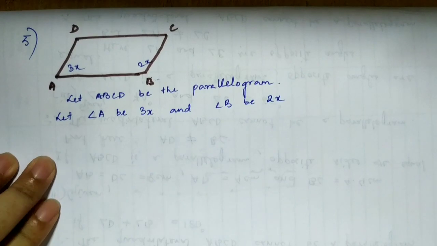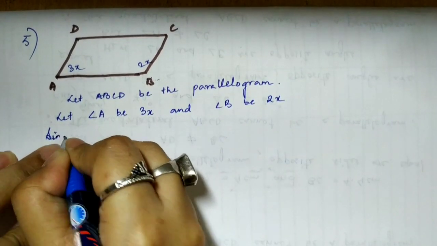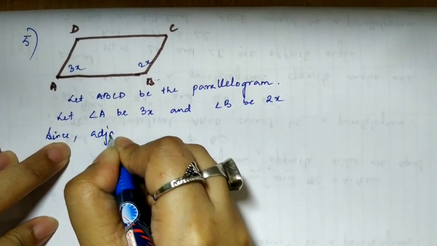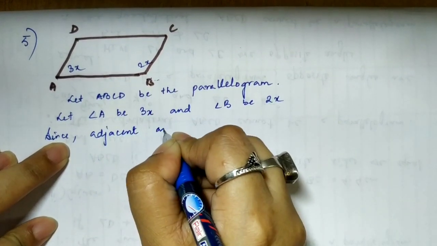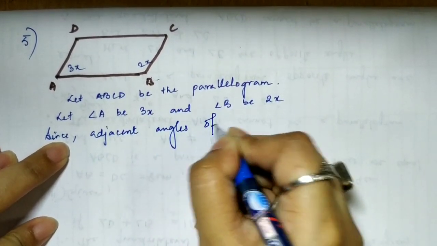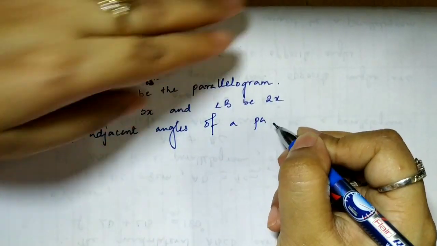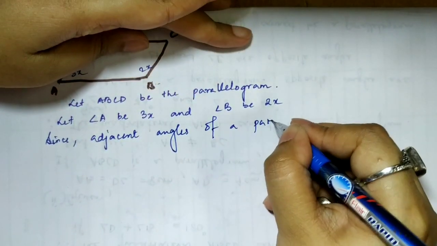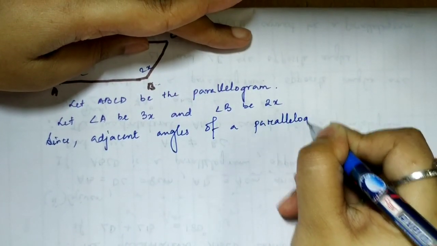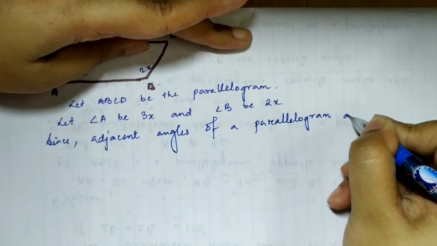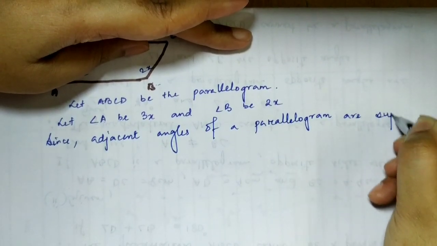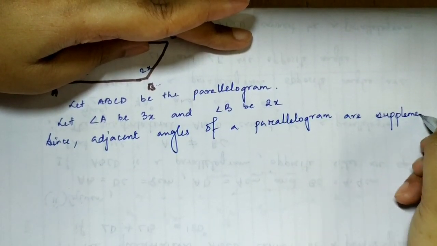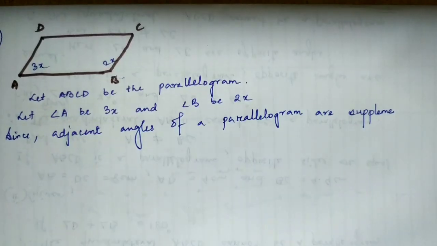Now we know a property that adjacent angles of a parallelogram are supplementary. Supplementary means it's equal to 180 degrees.